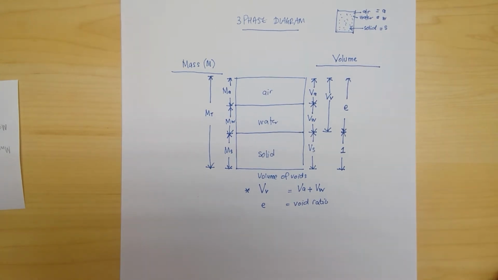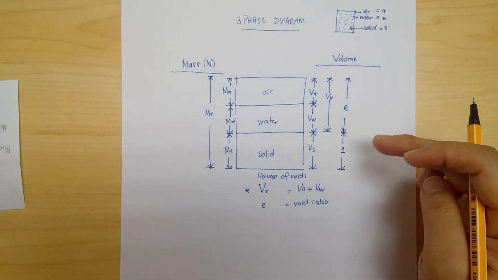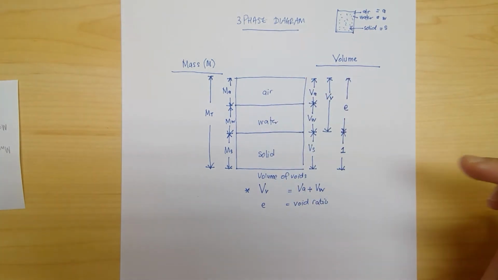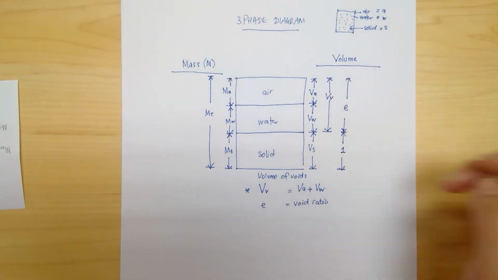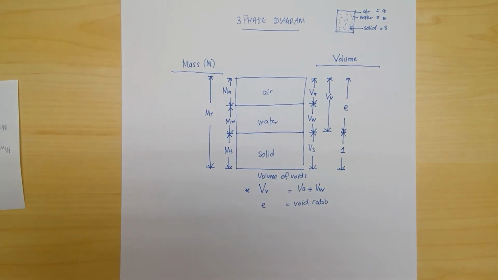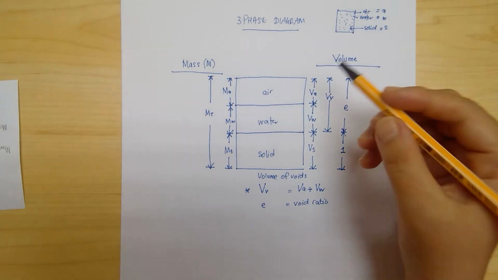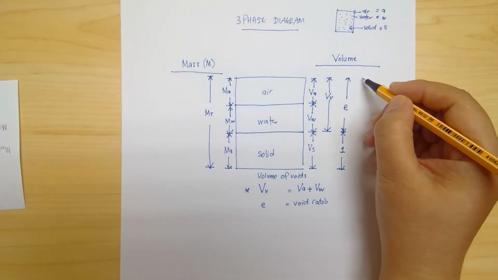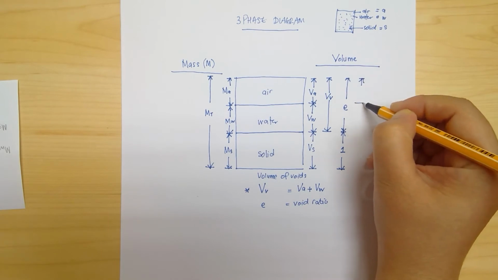But right now, for the three-phase diagram, I need to introduce to all of you what all of this notation is represented by in equations, so that when we define all of the definitions, you can use these equations to form your required equation.